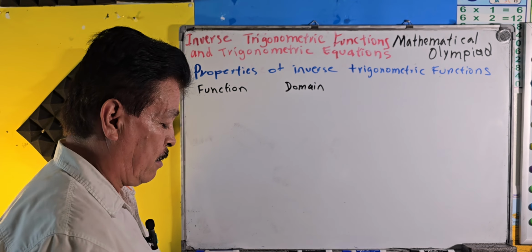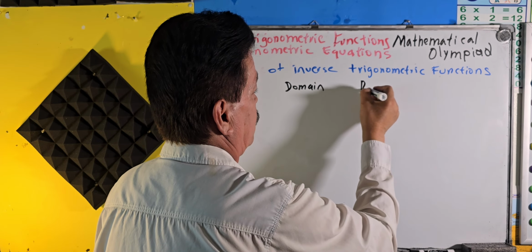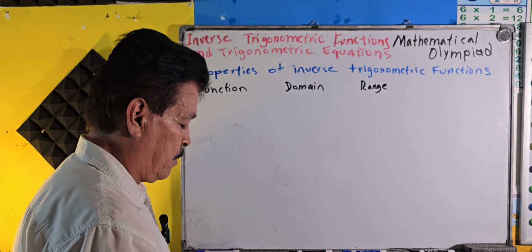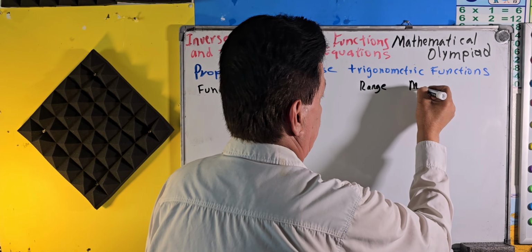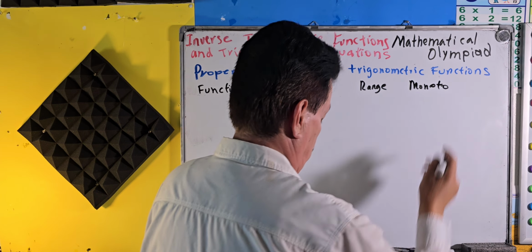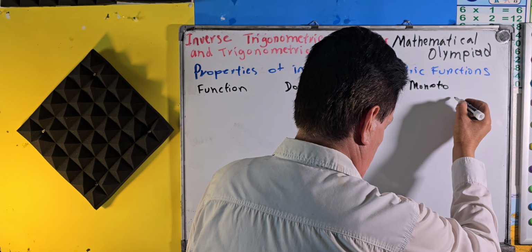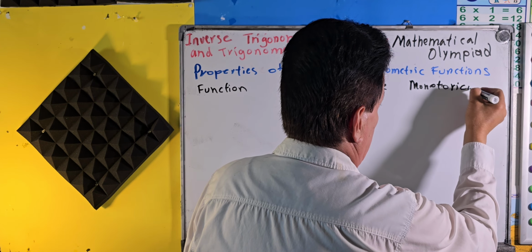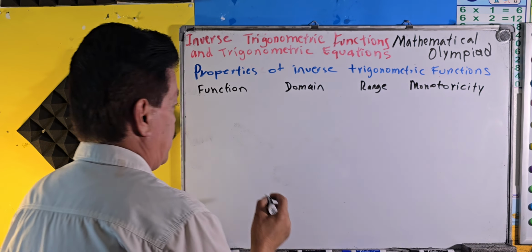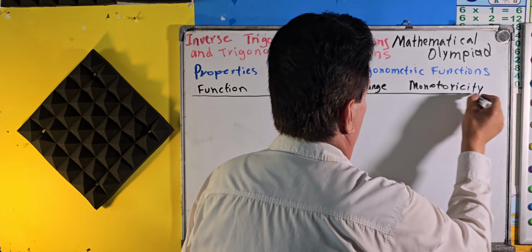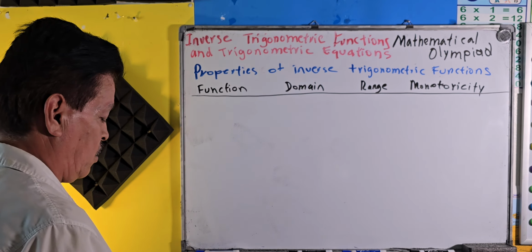We have a domain, and also we have range. That's very important. And then monotonicity. This is four different things that I will talk about.